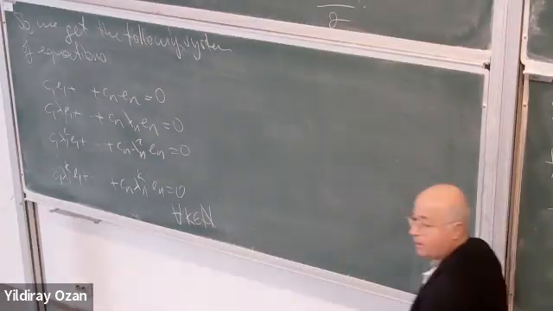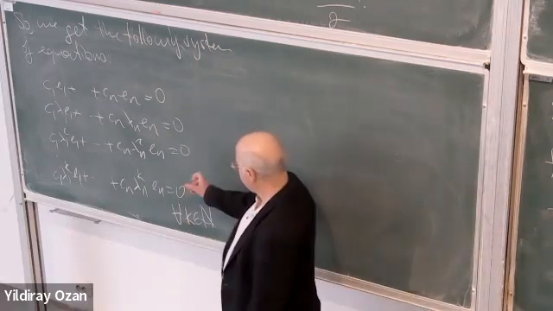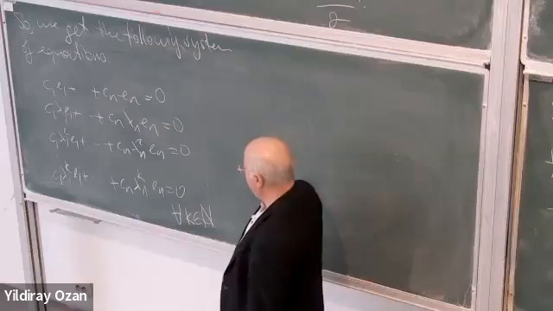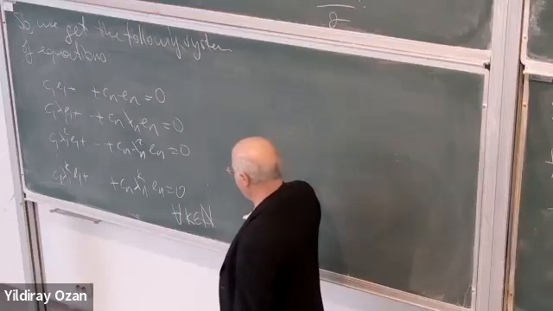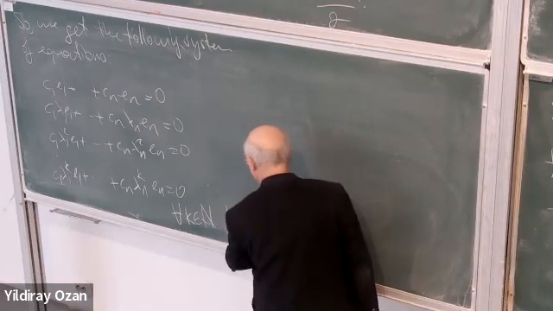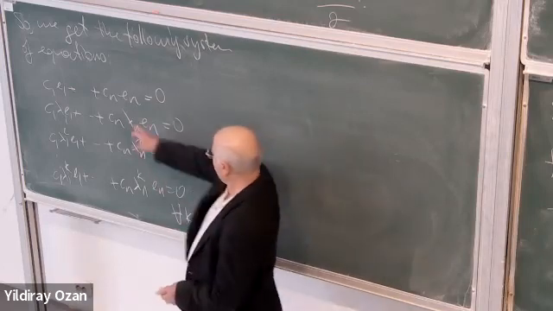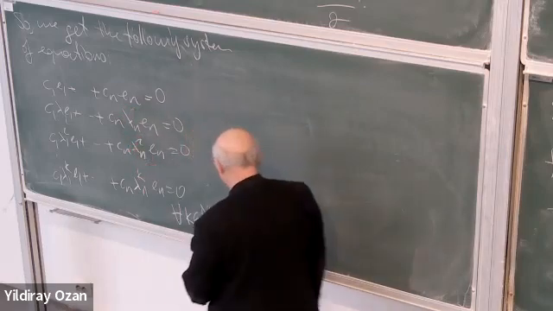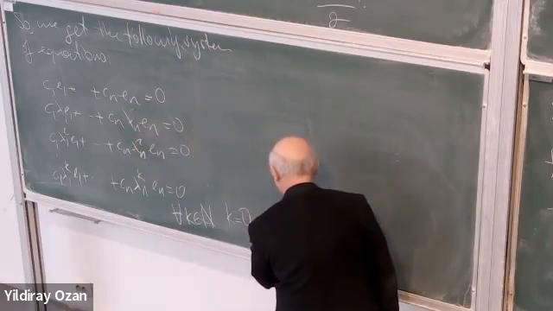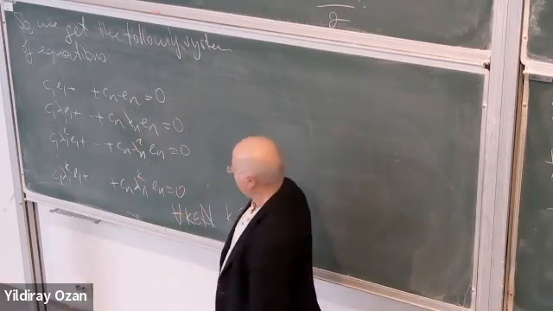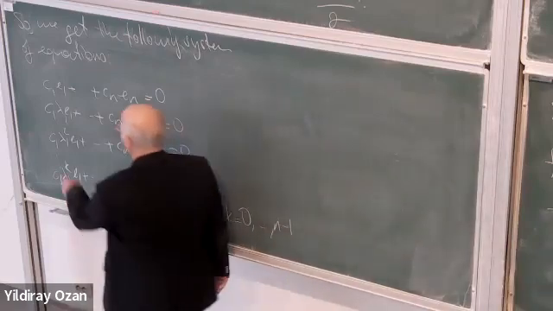Okay. Let's just stop at the level k equals n minus 1. So this corresponds to k equals 0, 1, 2, 3, up to n minus 1, so that I have n equations, and I have n unknowns.